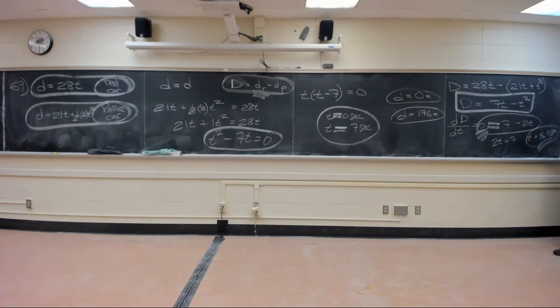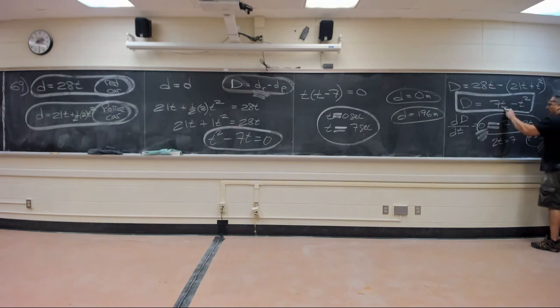Pretty fascinating stuff. What's going on is you actually plug it in there. Put 3.5 right here times 7 is going to be 24.5. Put 3.5 right here and square it, it's going to be 12.25. 24.5 minus 12.25 is going to be 12.25.